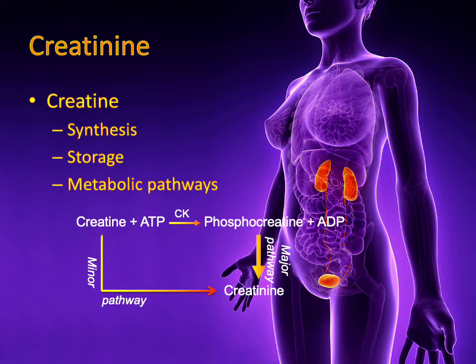The major pathway is conversion of phosphocreatine to creatinine. The minor pathway is conversion of creatine directly to creatinine. Both pathways occur in the muscles at a relatively constant rate of 2% per day.